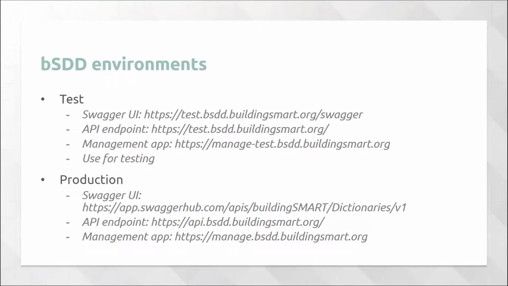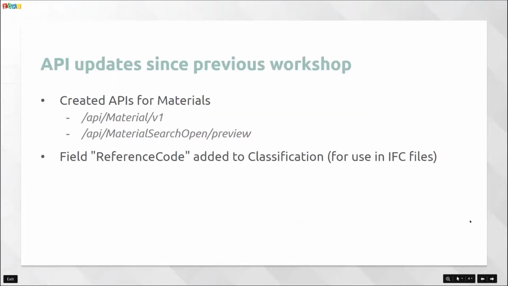It's easier than using the Swagger UI. Swagger UI is meant for developers and not for end users. So I will show you a short demo of the management app as well in a few minutes. You can find all these hyperlinks as well on our GitHub bSDD page.